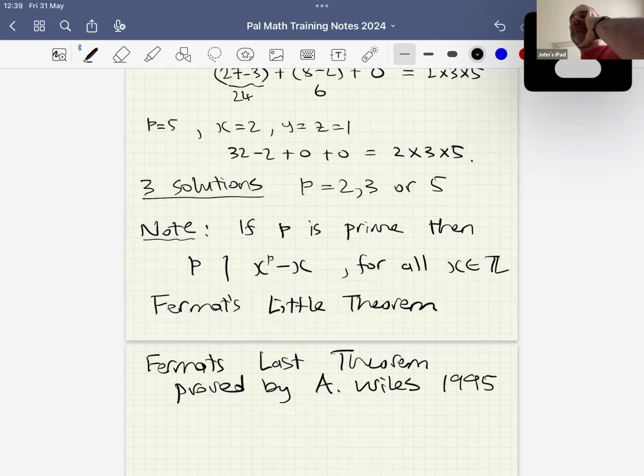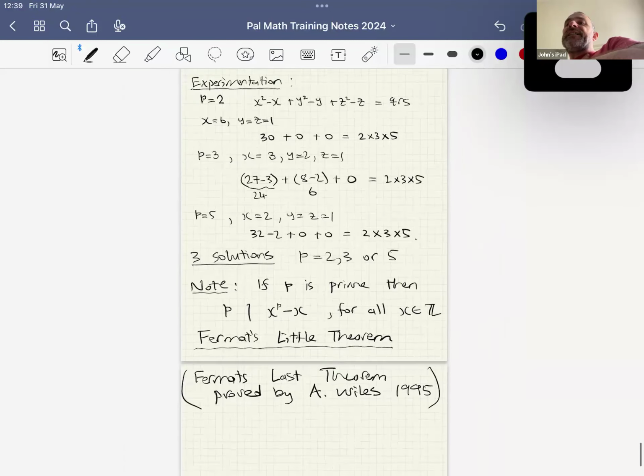So it was a famous conjecture for hundreds and hundreds of years. But Fermat's little theorem is not so hard to prove, but I'm not going to go into the details of the proof here.